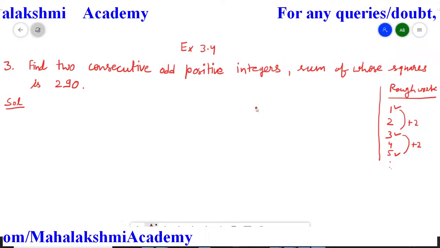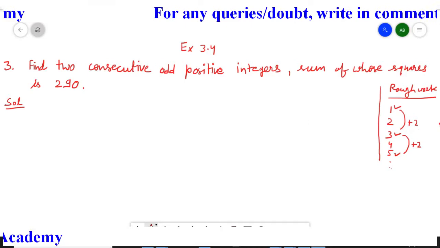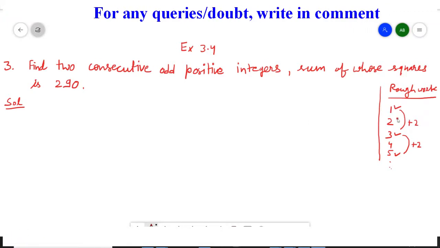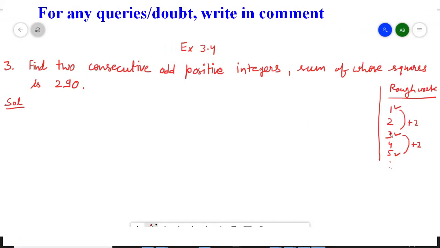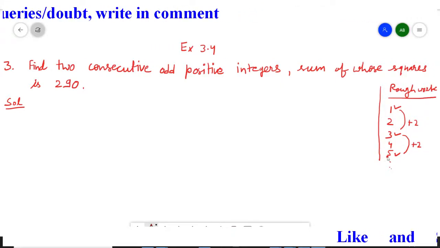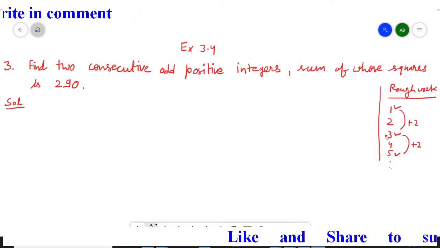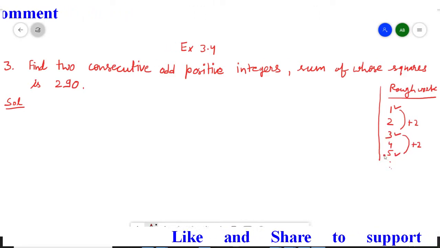So these are named as consecutive odd integers. Consecutive means one after another. Here 1 and 3 are consecutive positive odd integers. In the same way 3 and 5 are also consecutive positive odd integers. Consecutive means continuous odd integers.